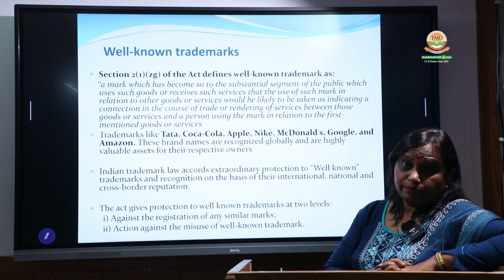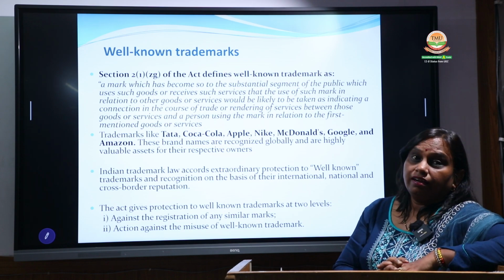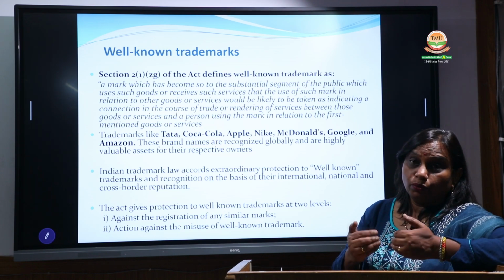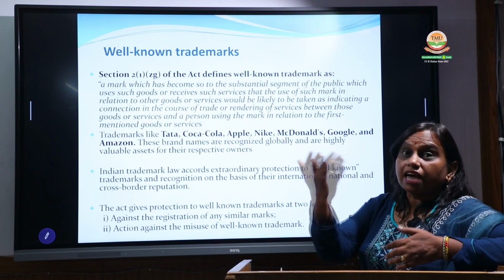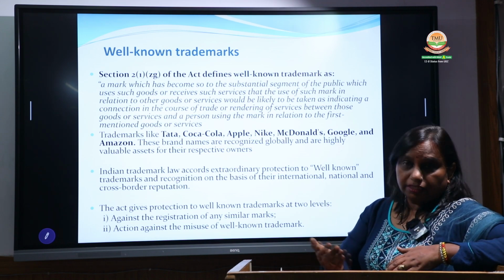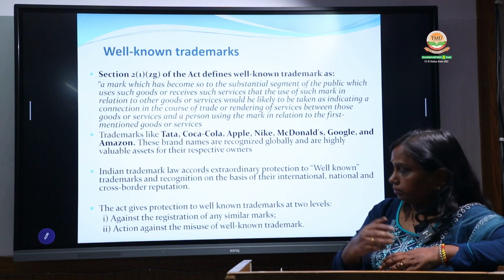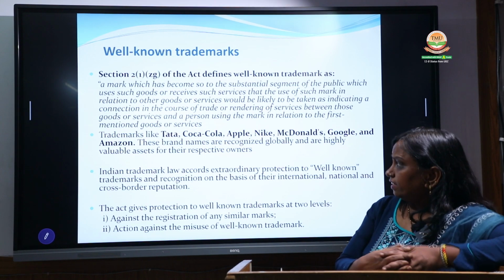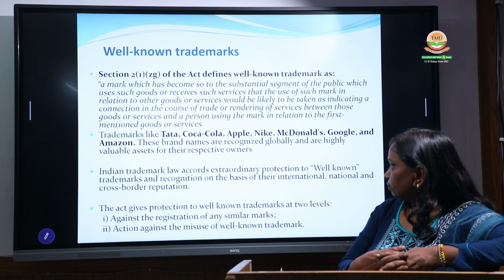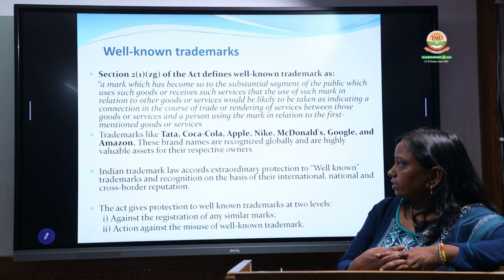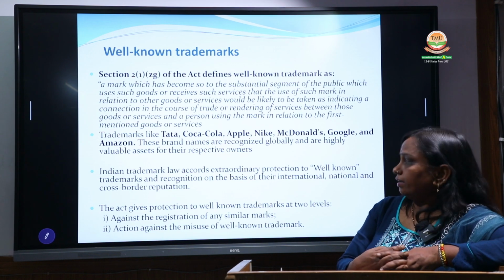Because of their reputation and image at the global level, the valuation of their brand is much higher than other brands of a similar sector. So Indian trademark law accords extraordinary protection to well-known trademarks on the basis of their international, national and cross-border reputation.